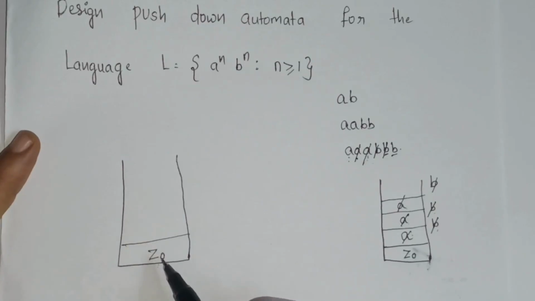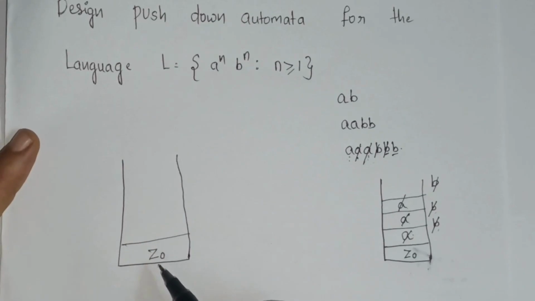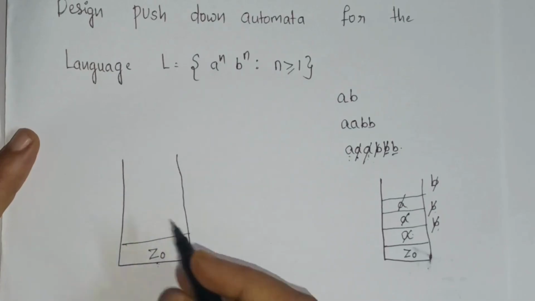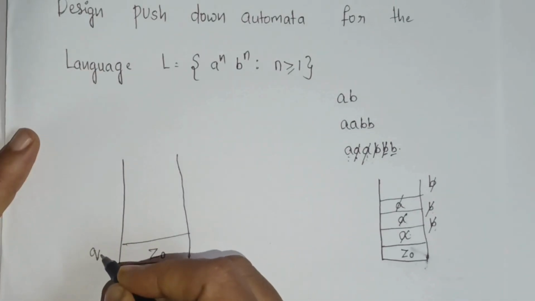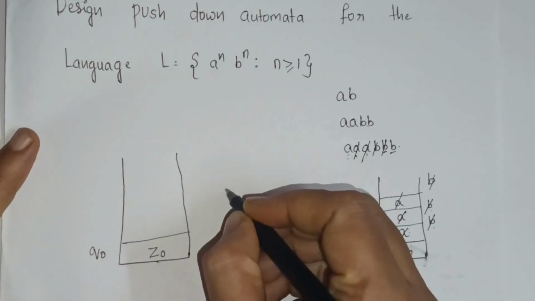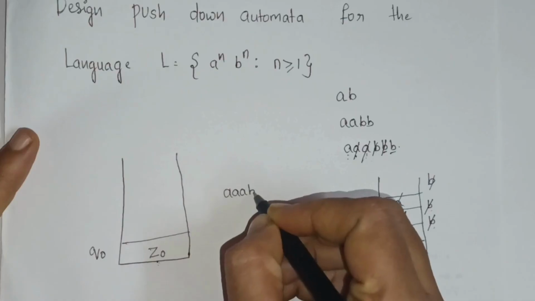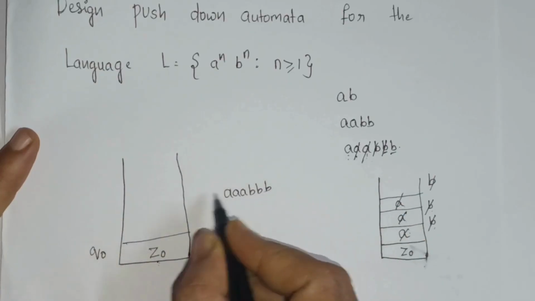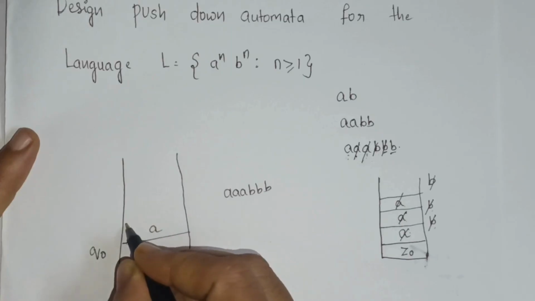In the same way, to keep track of elements in the stack, we will assume a symbol called Z0 saying that the stack is empty. So the initial state will be Q0. Whenever I read input symbol a, it should be pushed into the stack.